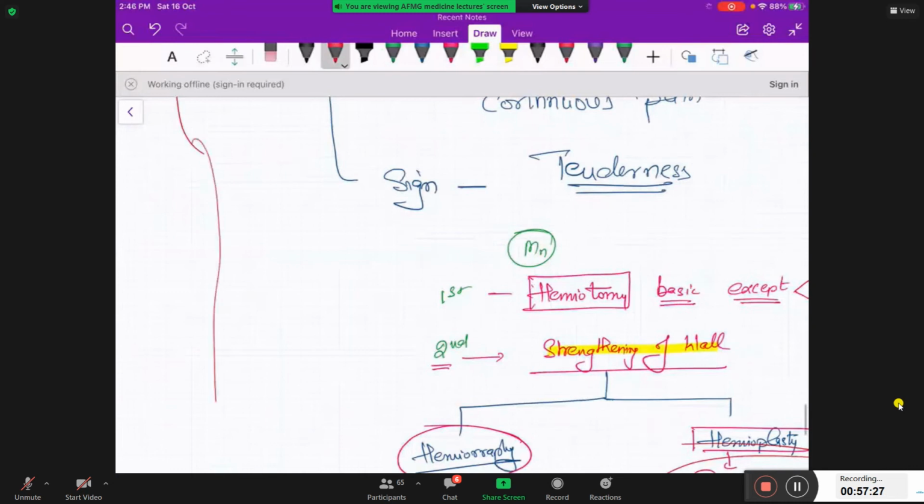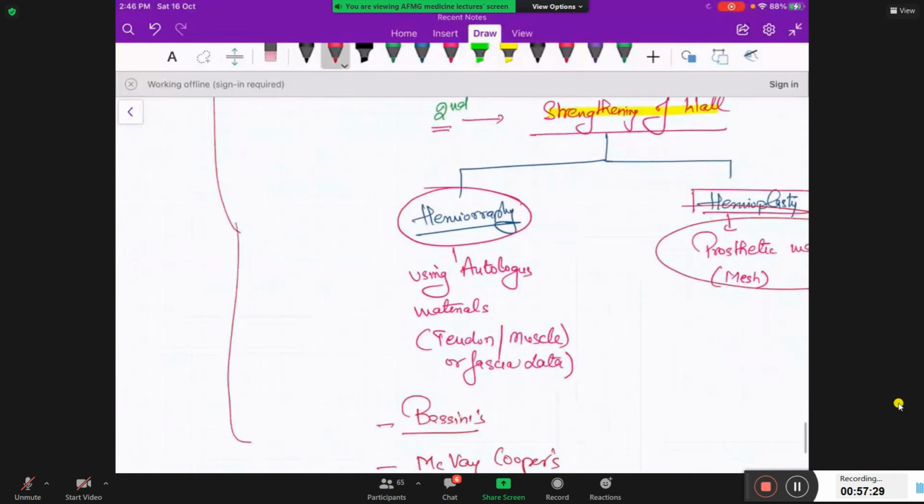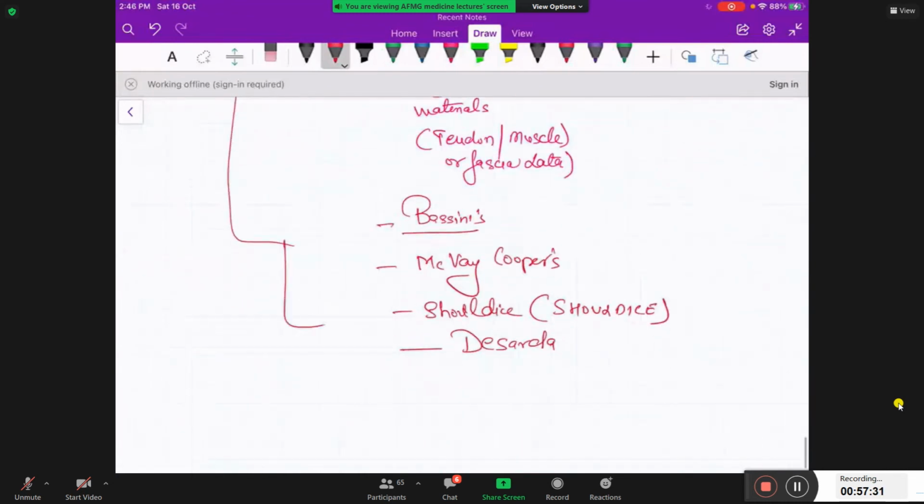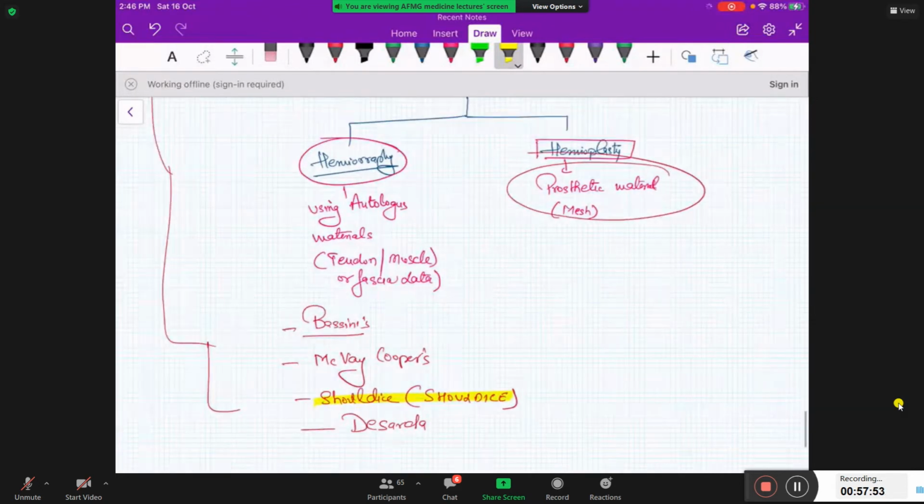And that time, which herniorrhaphy are we going to use? But we usually don't do herniorrhaphies. Only in emergency repairs, we do herniorrhaphies, because in emergencies, we never put an implant. Okay. So we commonly do hernioplasty.